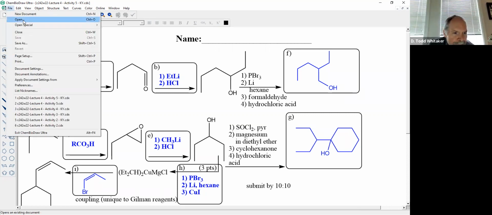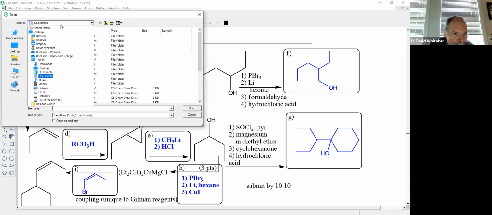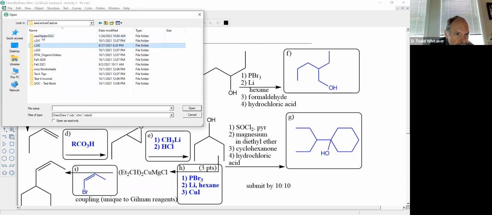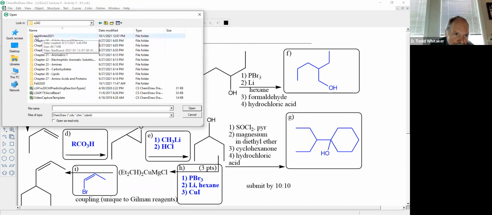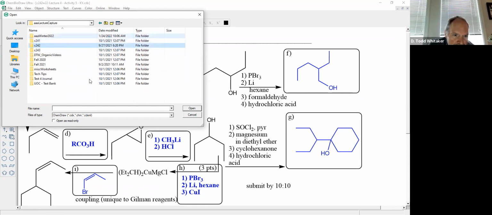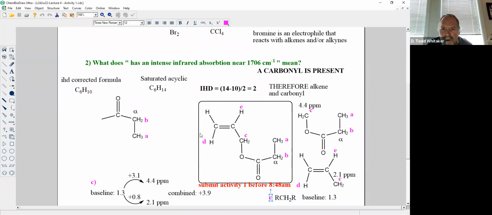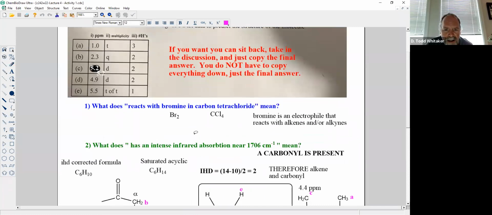Activity 1. Where are you, activity 1? That's it. Okay, good. You got confused about how I knew it was an alkene?